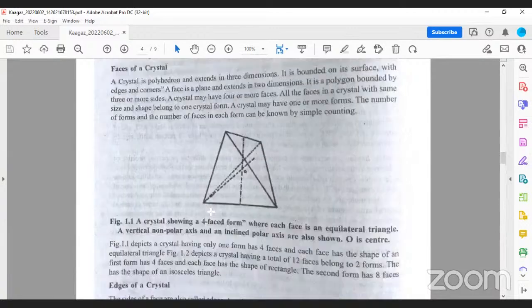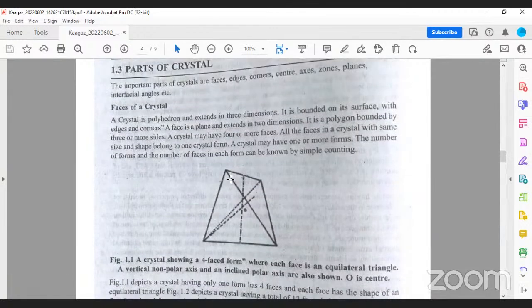So before that, we have to know the axes, and how the axes are arranged. What is the center of a crystal? What are the faces? How can we identify the faces, edges, and corners? These 4 objects make up the solid of the crystal.